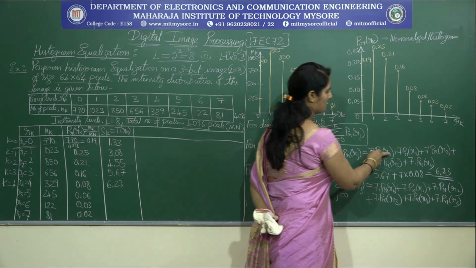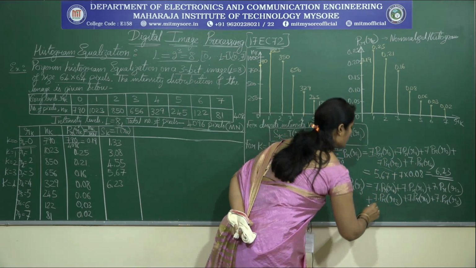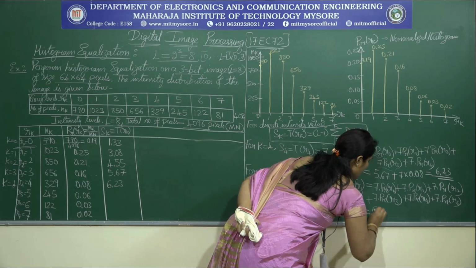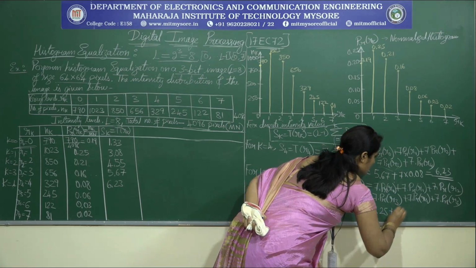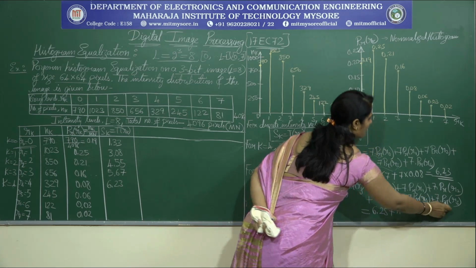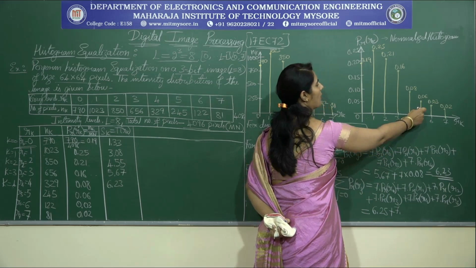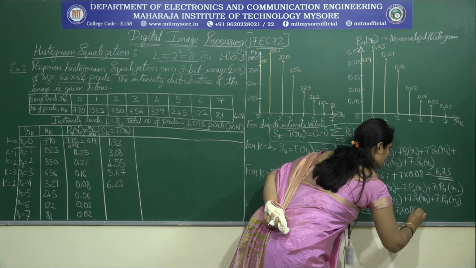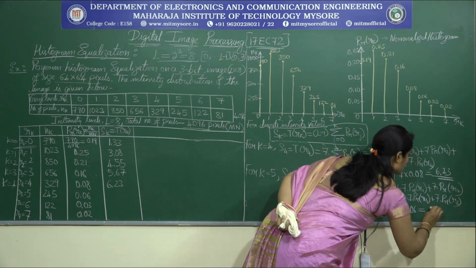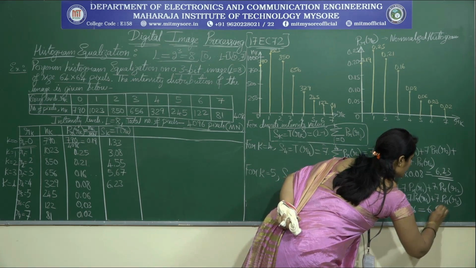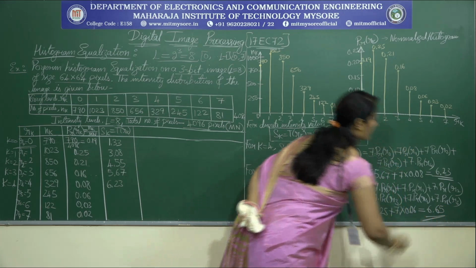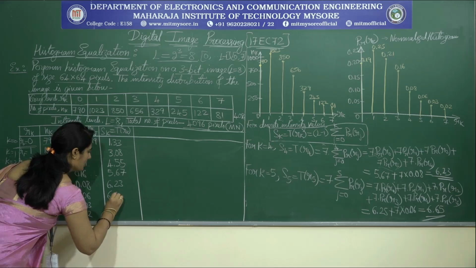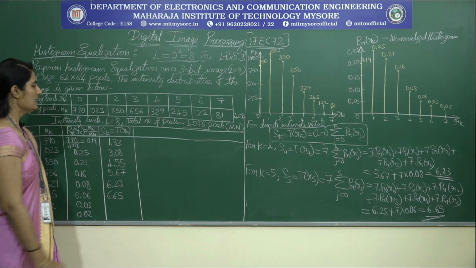So we know from R0 to R4 it results with 6.23. Then 7 into probability density function of R5 is 0.06, which results with 6.65. Okay, so now this is equal to 6.65.